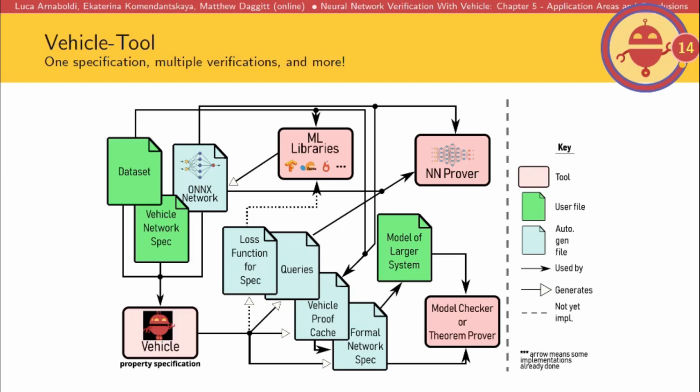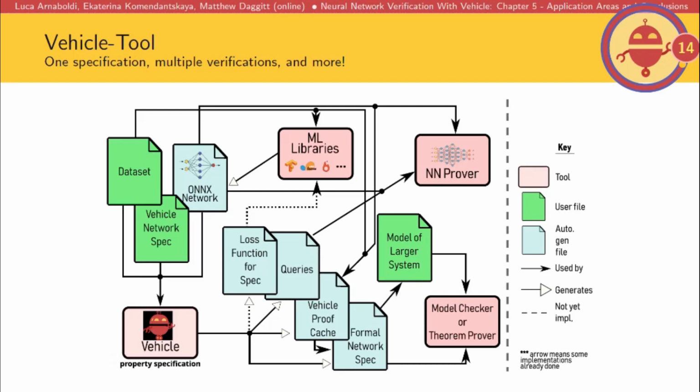Anyway, just to summarize, since I see we're out of time, Vehicle here stands at the center of a bunch of potential. We can verify neural networks, we integrate with machine learning libraries, and we can now integrate with interactive theorem proving, as Matthew has showed you. This is just a summary of everything it does, all the integration.